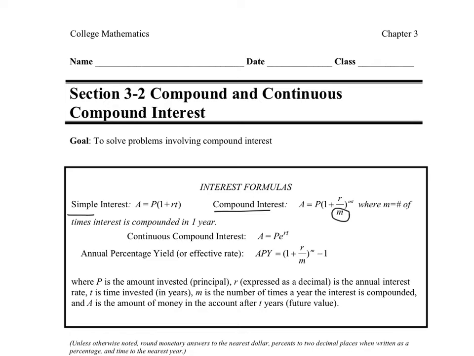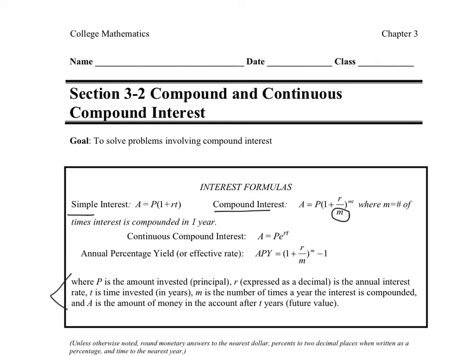And then you notice this exponent outside the parentheses. We have to take whatever that M value is and multiply it times T, which has to be in years. Notice that all of these are defined down here. If you ever forget what the letters stand for in these formulas, you can look back at this section and see what it is.